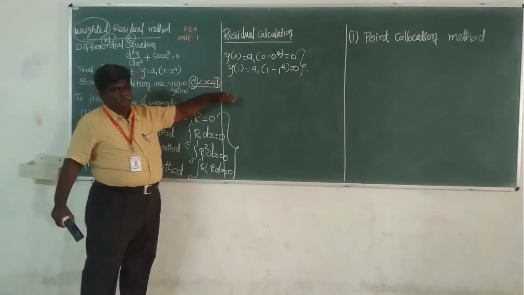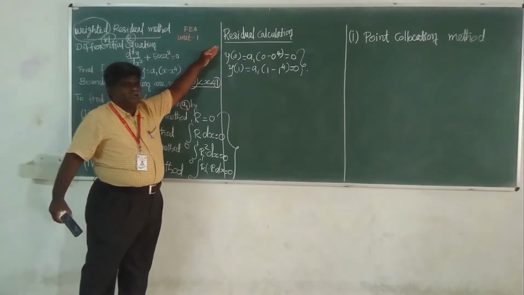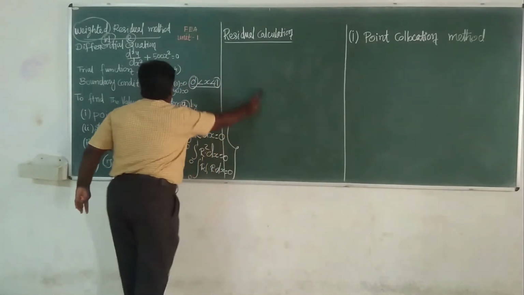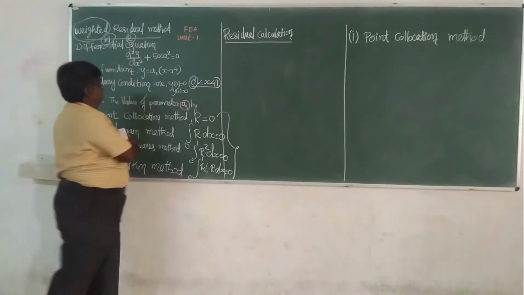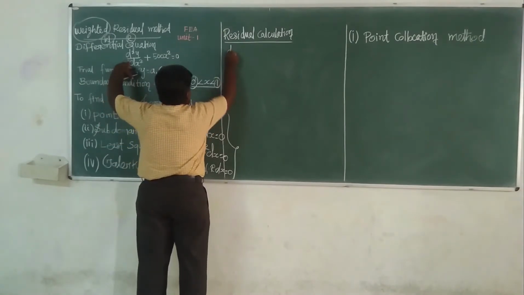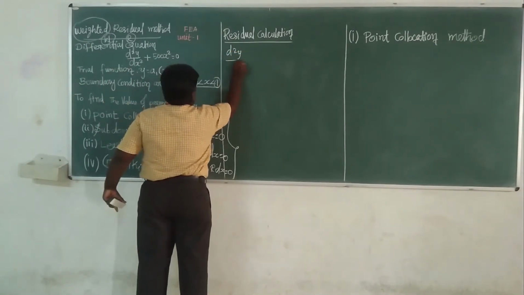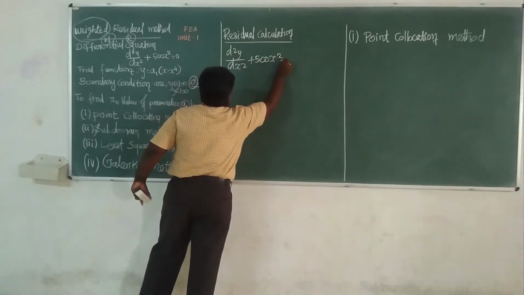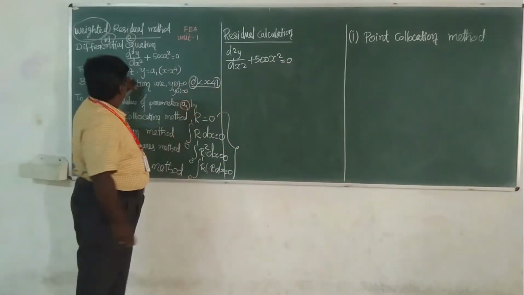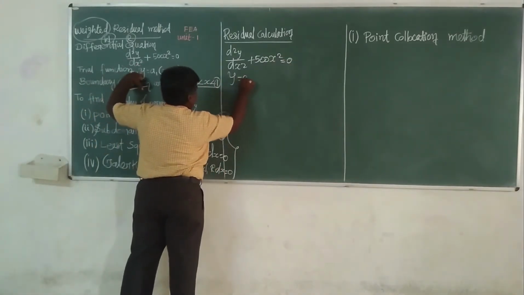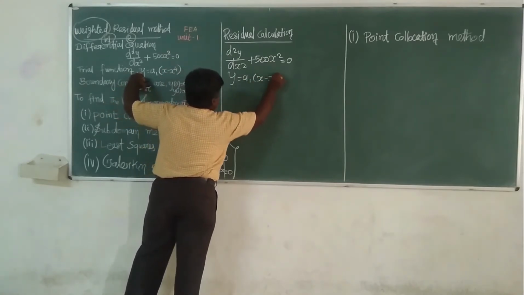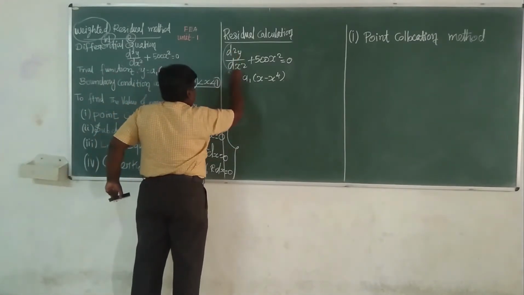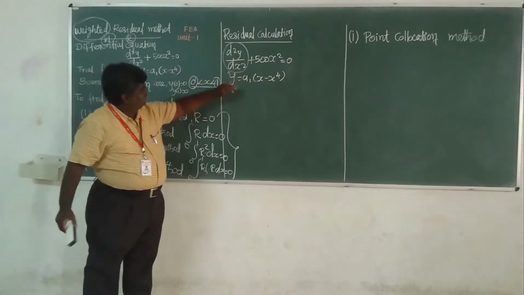The next step is the residual calculation. First we write down the differential equation given in this problem: d²y/dx² + 500x² = 0. The trial function is y = a1(x - x⁴).